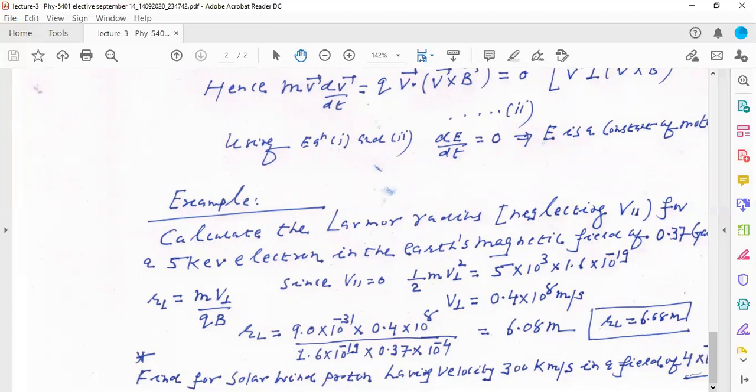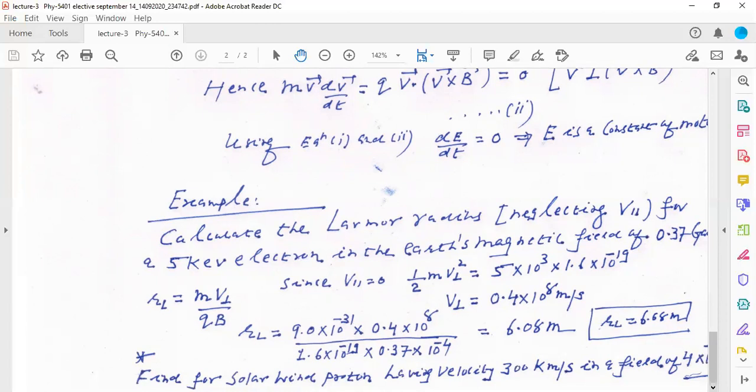Now in the next lecture, we will describe that if you introduce the electric field along with the magnetic field, then you have to write down the equation of motion of the charged particle. In that case, the particle having the parallel component of velocity will experience the electric field.